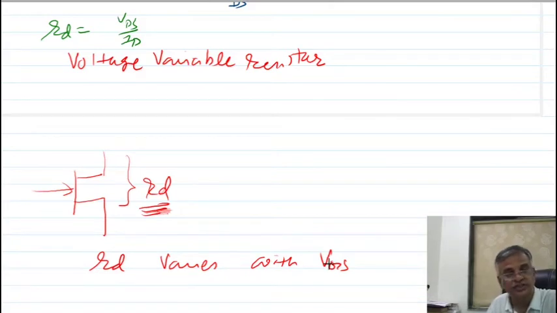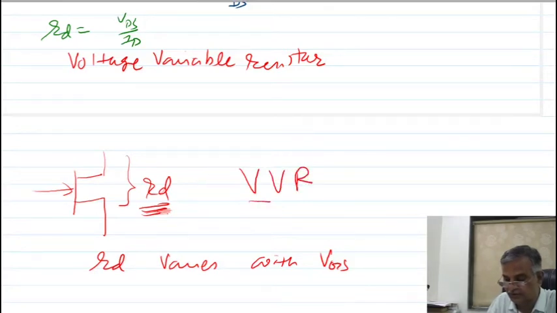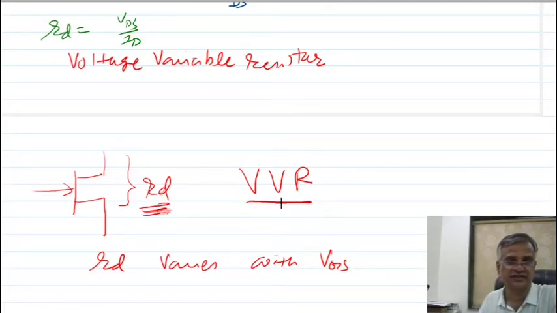Such a property of the FET is known as a voltage variable resistor, and you get such a property only in the ohmic channel region. In the ohmic channel region, if you vary the gate voltage, then the drain current will change. It means the resistance offered by the FET varies.